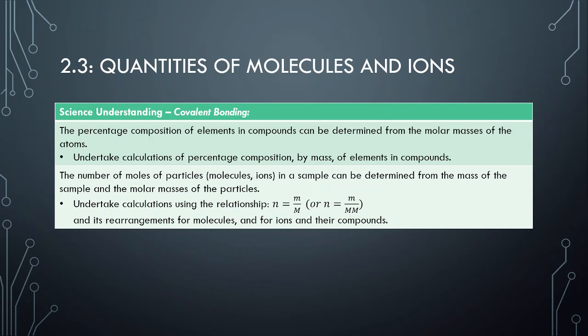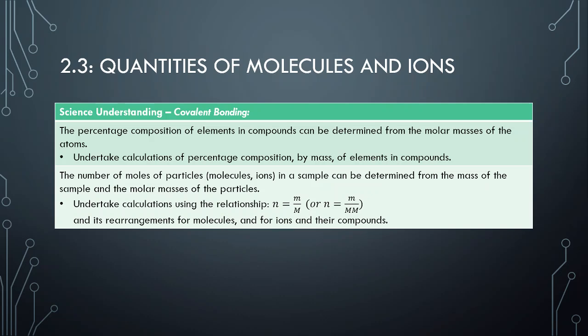You need to be able to undertake calculations using the relationship n equals lowercase m over capital M. Lowercase m is mass and capital M is molar mass. I actually prefer using n equals m over MM, double capital M for molar mass, and also its rearrangement for molecules and for ions and their compounds.